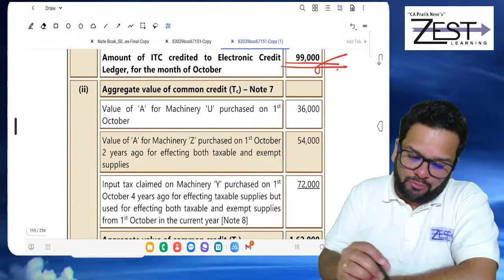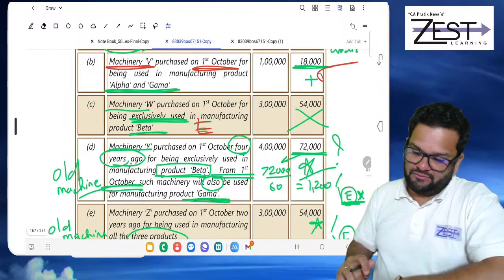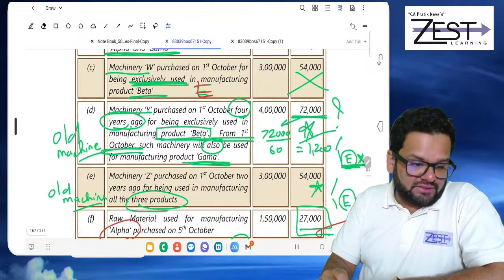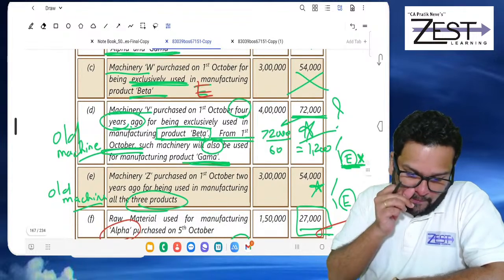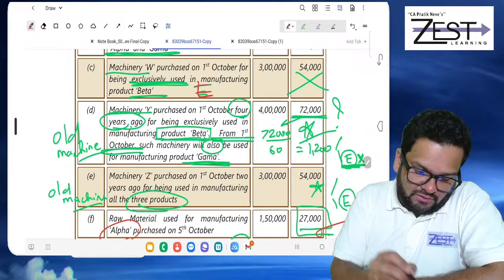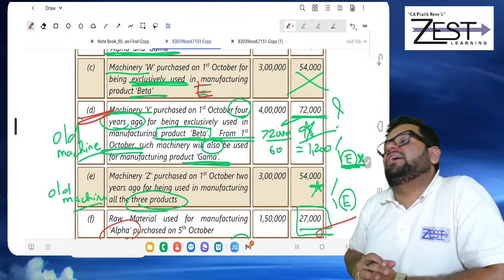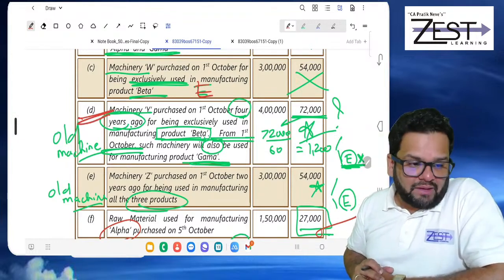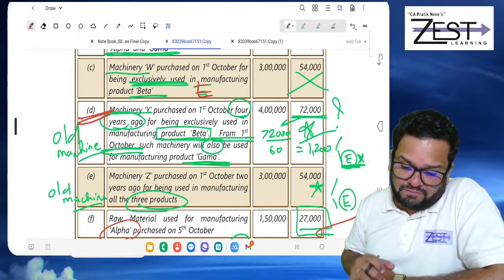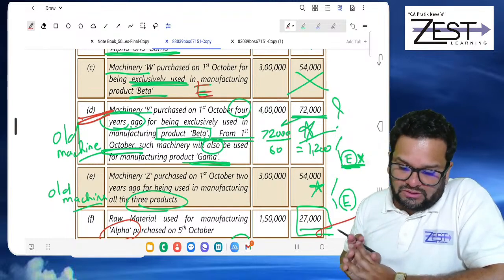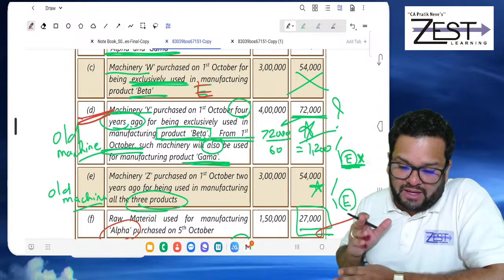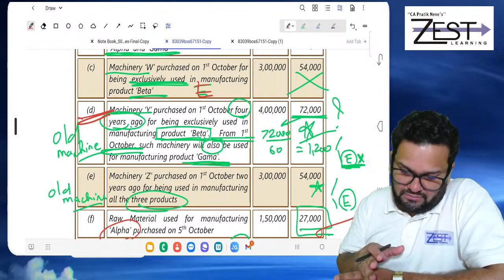But one beautiful point is there, friends, in this D. You should read it carefully. Machine Y purchased on 1st October 4 years back for being exclusively used in manufacturing product beta.